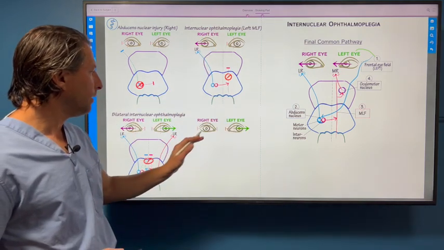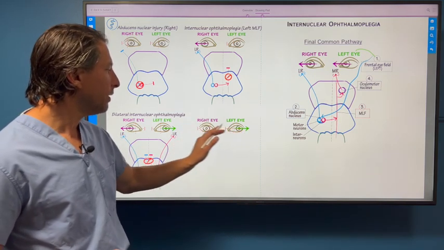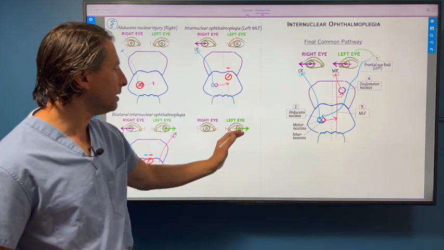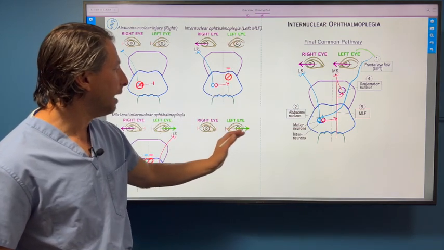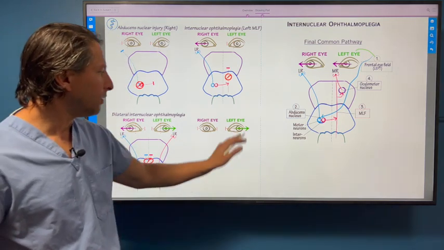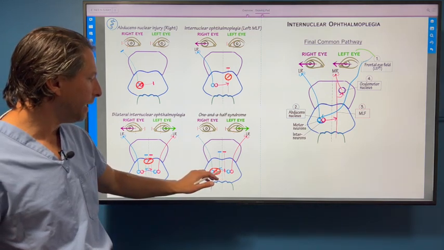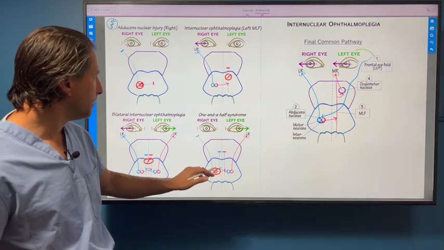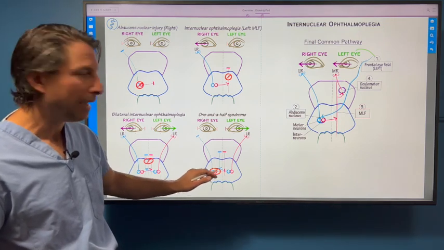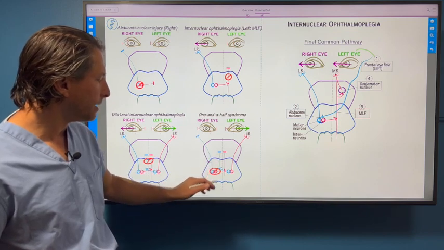And finally, what happens if there's only one movement of the 4 that are possible? That's if we only see the left eye moving outward here. Only its cranial nerve 6 innervation is still intact. Well, in this situation, we have a total abducens nuclear injury plus an extension. It extends out and also affects the medial longitudinal fasciculus on that side.